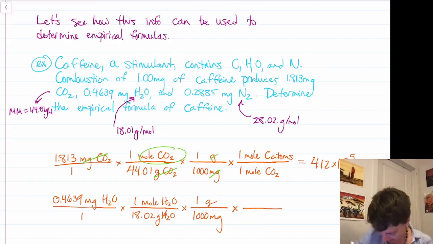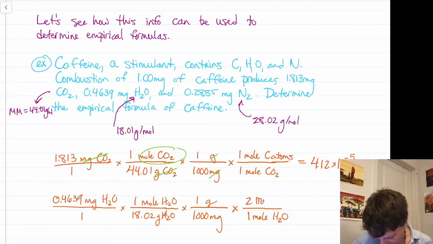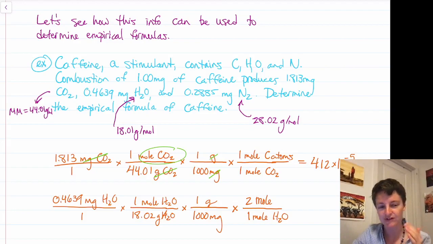And then last but not least, I want to recognize that for every 1 mole of water, there's 2 moles of hydrogen atoms present. Again, I'm getting that information from the stoichiometry. H2O tells me that there's a 2-to-1 ratio of how many atoms there are of hydrogen per molecule.